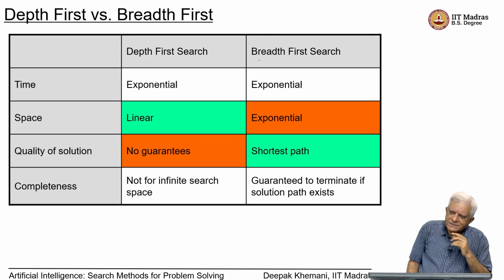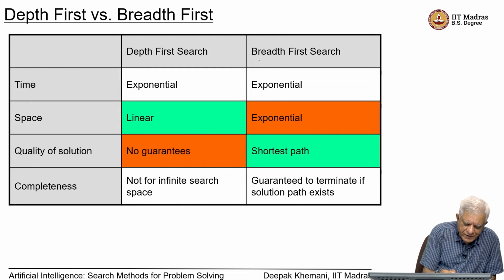What about completeness? By completeness we mean that if a goal node exists, or if a path to a goal node exists, will the algorithm find it. That is our notion for completeness. We also use the term systematic sometimes for this.